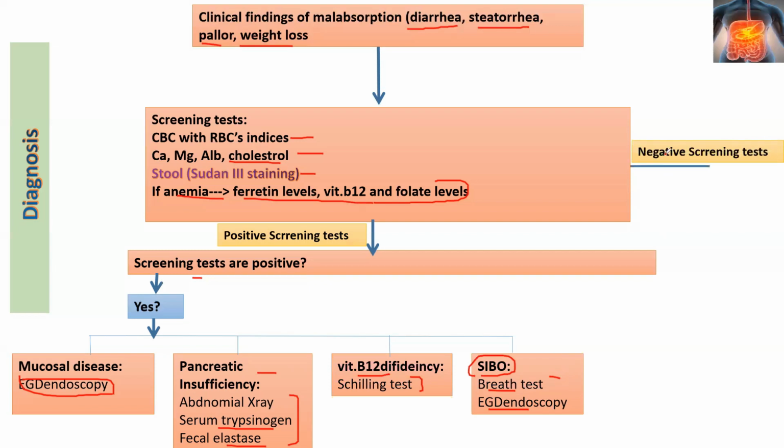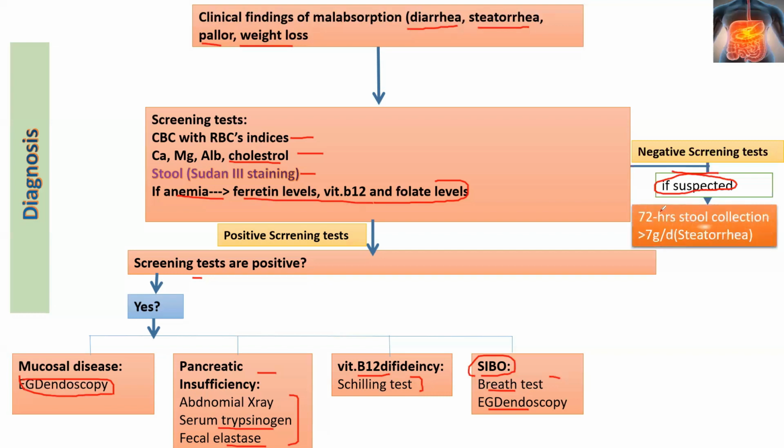And what if the screening tests are negative and not suggestive of malabsorption? If we still suspect that it may be malabsorption, we collect the 72-hour stool, and if there is more than 7 gram per day of steatorrhea, we go further, looking at the mucosa or pancreatitis, and insufficiency of the pancreatic enzymes and other things.